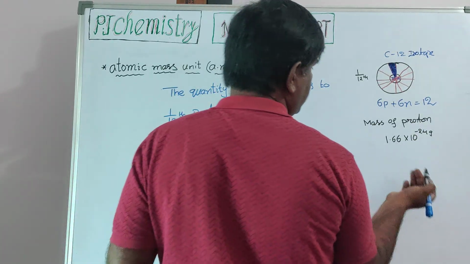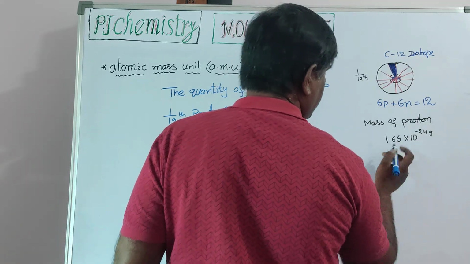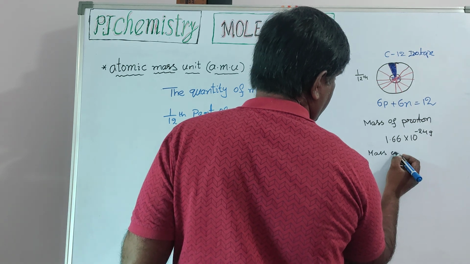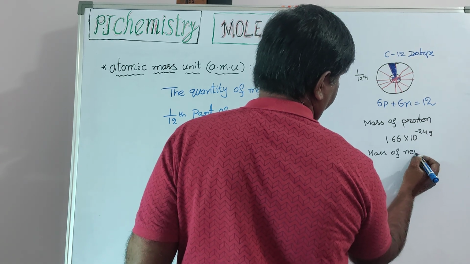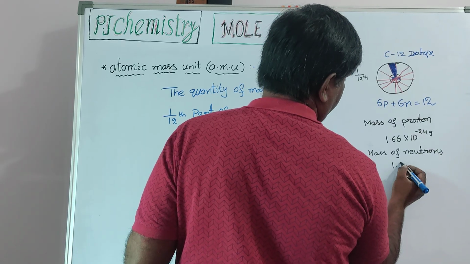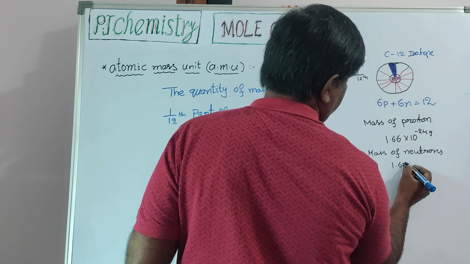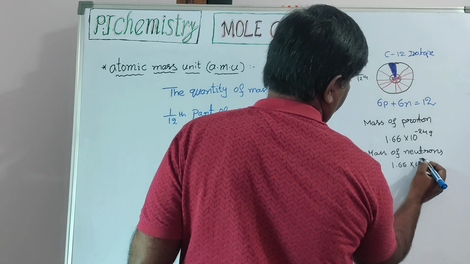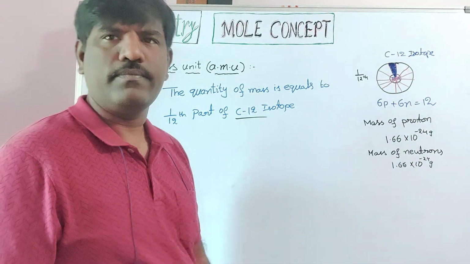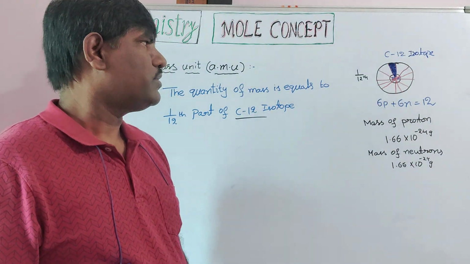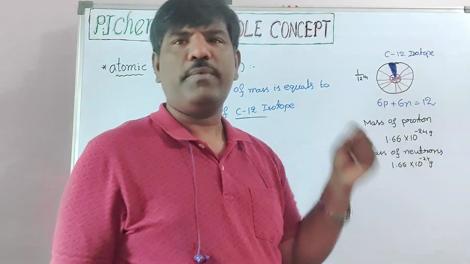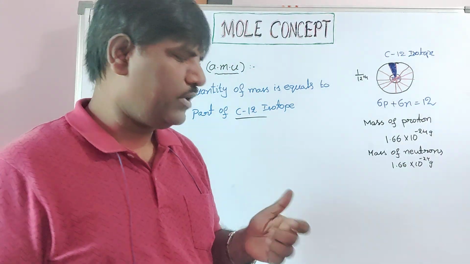Same value for neutrons also. Mass of neutrons is 1.66 into 10 to the power of minus 24 grams. So you take any unit value, same 1.66 into 10 to the power of minus 24 grams.